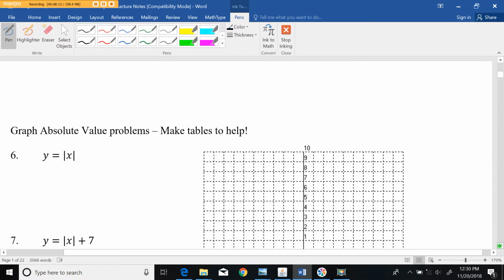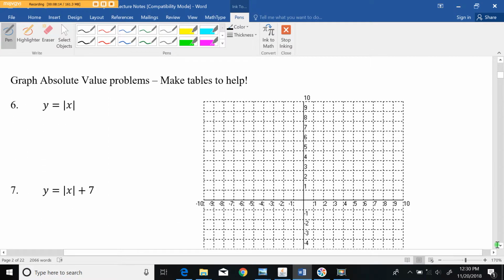All right, graph absolute value problems. Make tables to help. So we're going to graph a bunch of different functions here, and I'm going to go ahead and take the advice here and make a table. And I'm just going to get kind of a quick look left to right here. Like if x is, let's say, negative 10, then y is going to be 10, because the absolute value of negative 10 is 10.